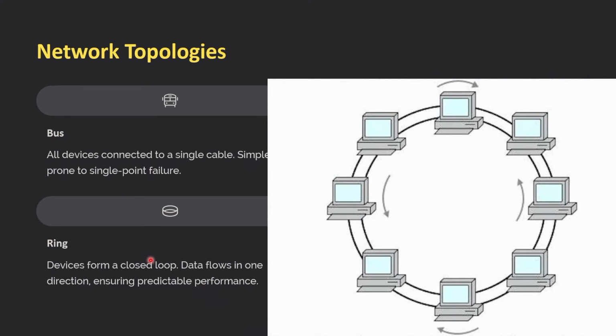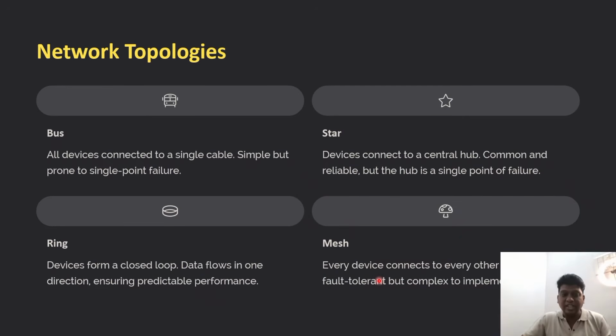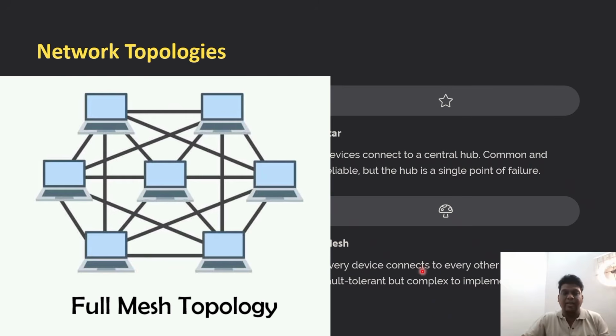It has predictable performance under load. But the drawback is a single failure can disturb the entire network. Mesh topology: here each device is connected to every other device. The main advantage is that it is highly reliable, but it is expensive and a complex setup.